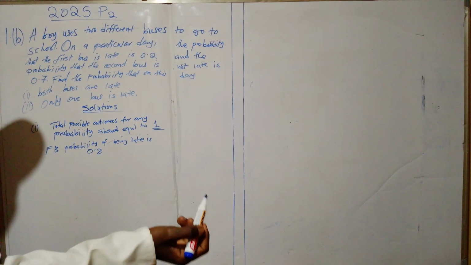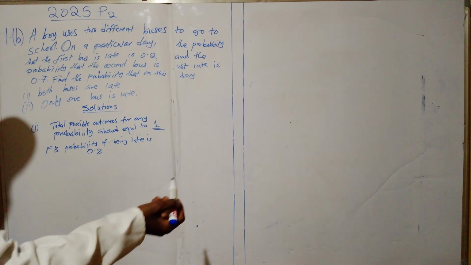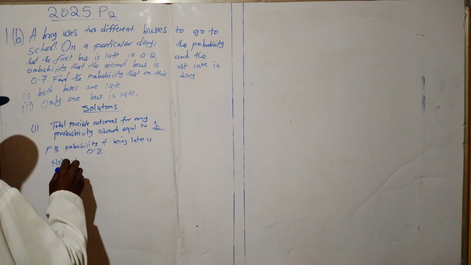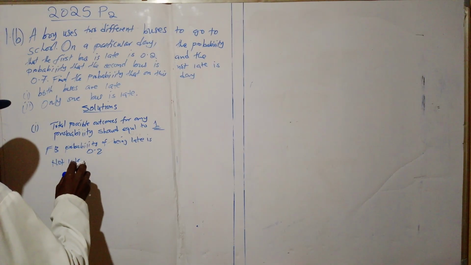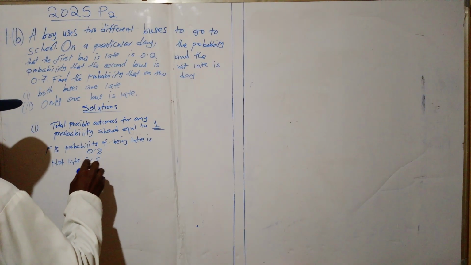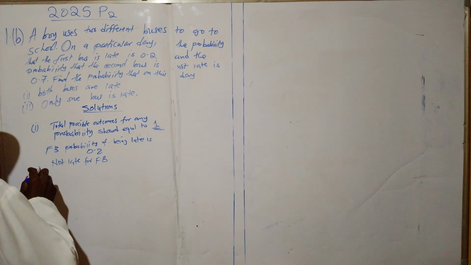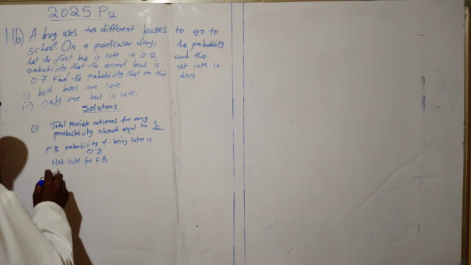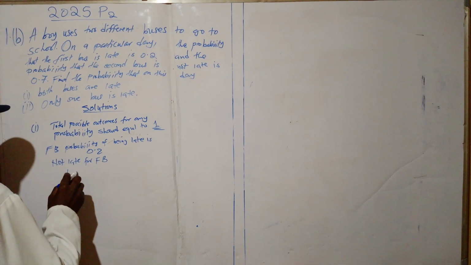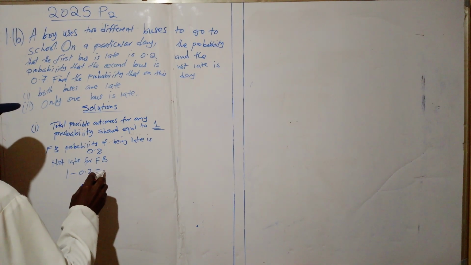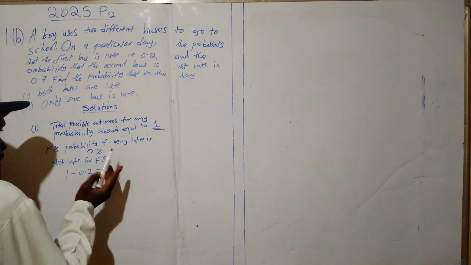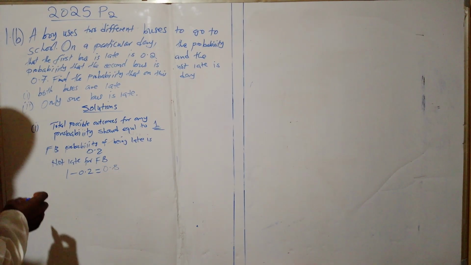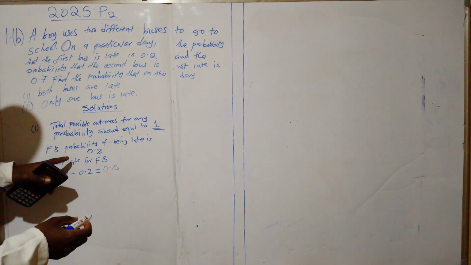What about the probability of it not being late for this first bus? So let me just abbreviate probability. The probability of not being late for the first bus is going to be 1 minus 0.2, which will give you 0.8. So that's the probability that it is not late.